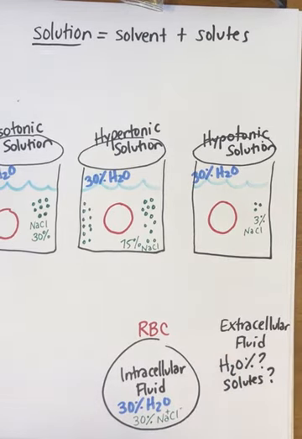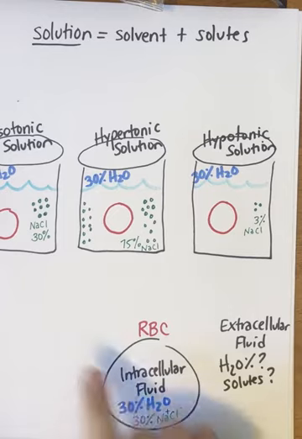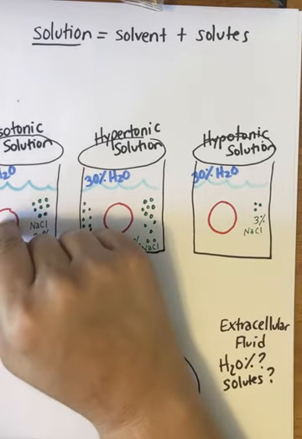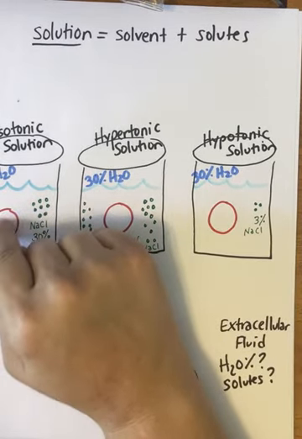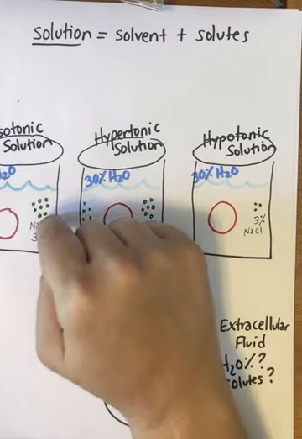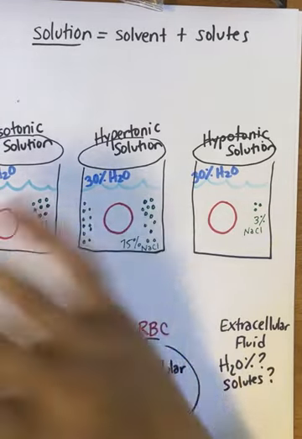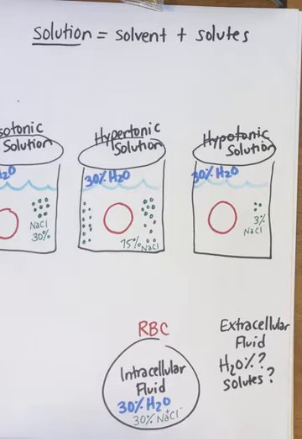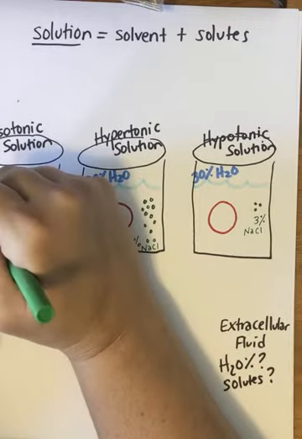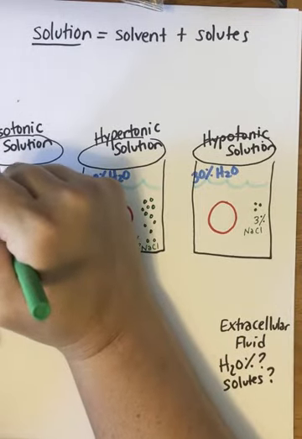That's your extracellular fluid. But in each one, we already know that a red blood cell has 30% water and 30% sodium chloride. So on the inside of this one, it is equal to the outside. When we say osmosis moves water to the area of higher concentration of solutes, well, technically, we have 30% sodium chloride in here as well.